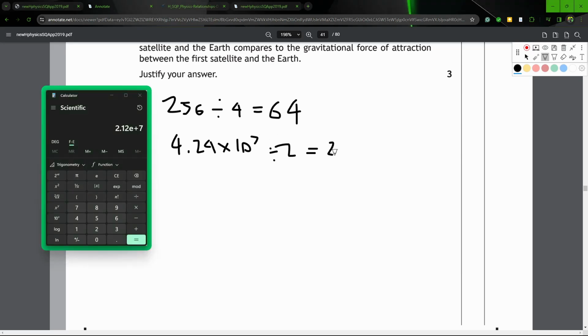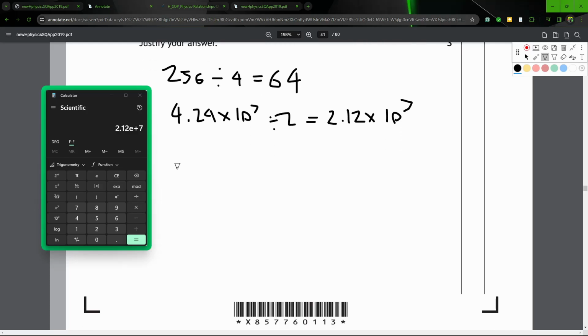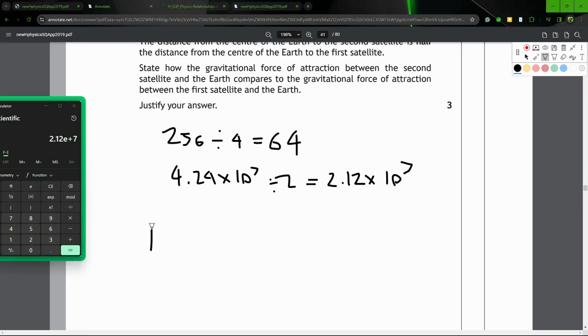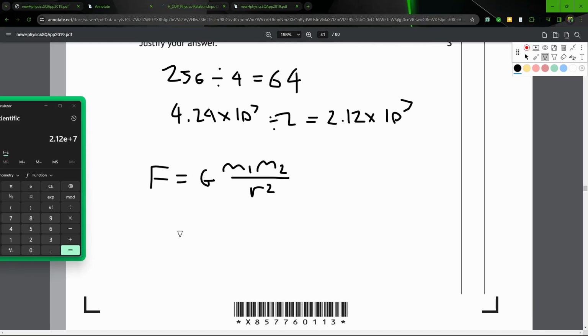And that's 2.12 times 10 to the 7. Excuse me. And then we'll just shove it into the equation again. Gravitational constant is 6.67 times 10 to the negative 11, sorry.